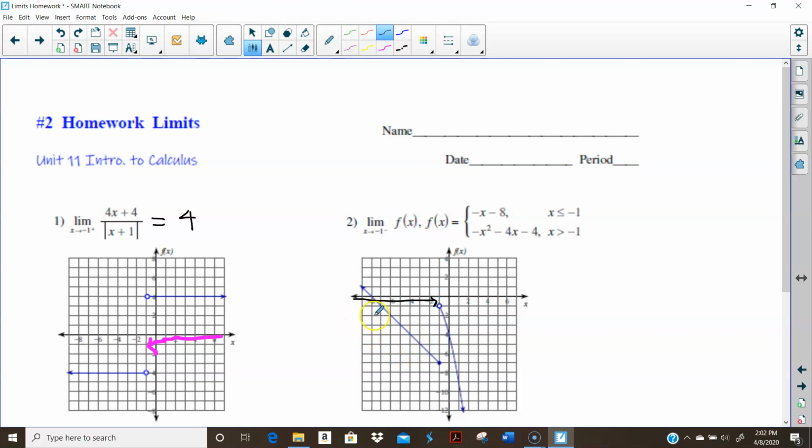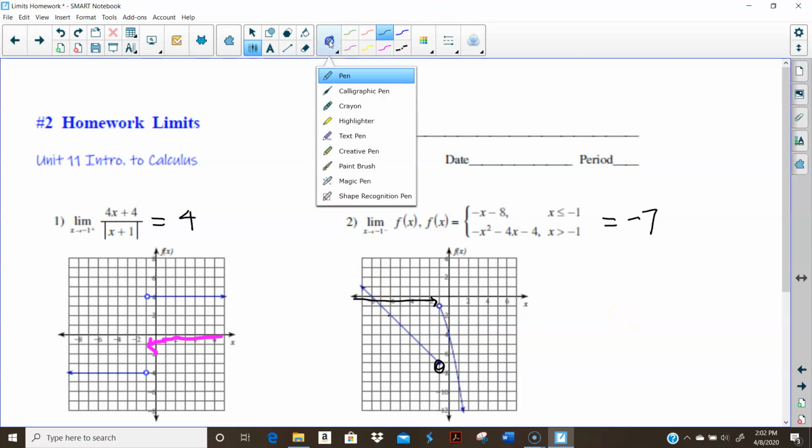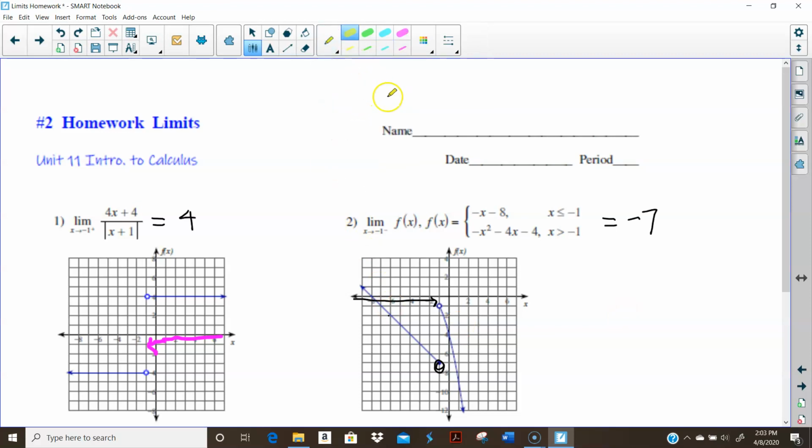And you can see as I'm approaching -1, the value from the left-hand side is going to be at -7. So this equals -7.